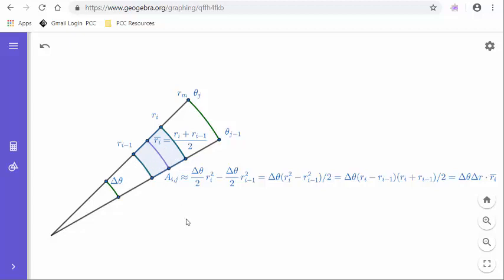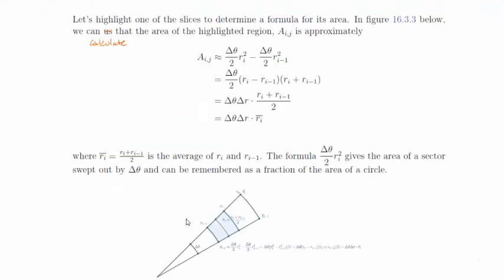And this comes from the fact that if I have some slice of a circle, so here's some delta theta, and this has some length r, the area of this is delta theta over 2 r squared. We can remember this actually from the formula for a circle.